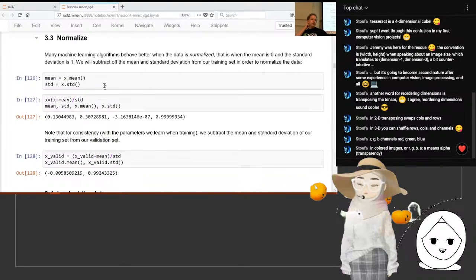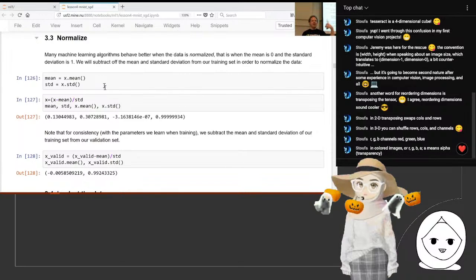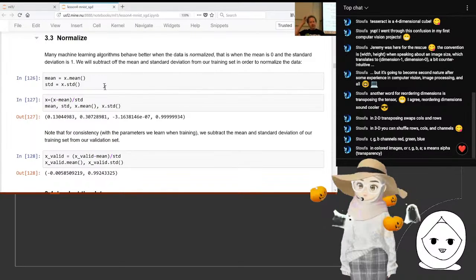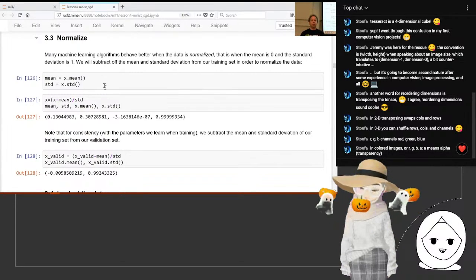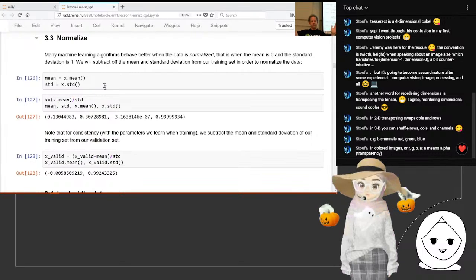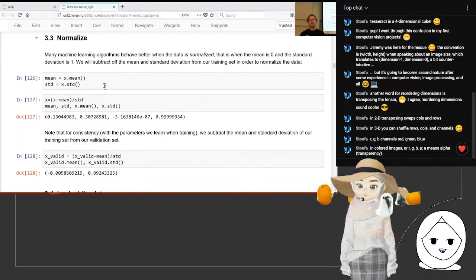In computer vision, when we scale an image, we're actually increasing the size of the cat. In this case, we're scaling the actual pixel values. So in both cases, scaling means to make something bigger and smaller. In this case, we're taking the numbers from 0 to 255 and making them so that they have an average of 0 and a standard deviation of 1.